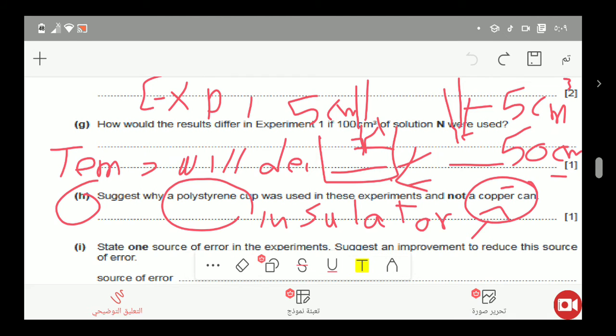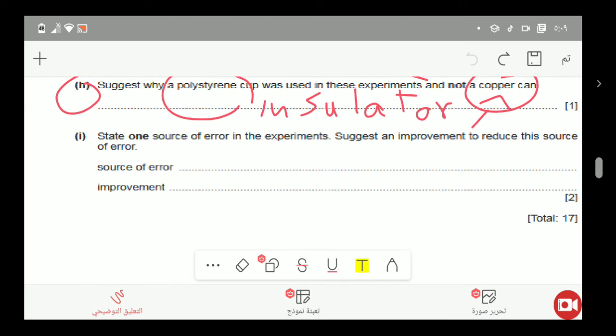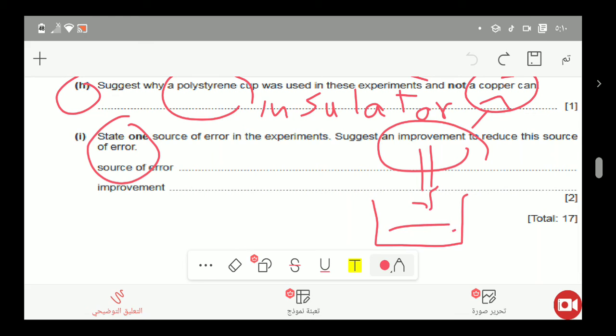Next question. State one source of error in the experiment, and suggest an improvement to reduce the source of error. As we know, we measure the temperature and he used a cup like this, and this is the cup. So there is a loss of heat here.